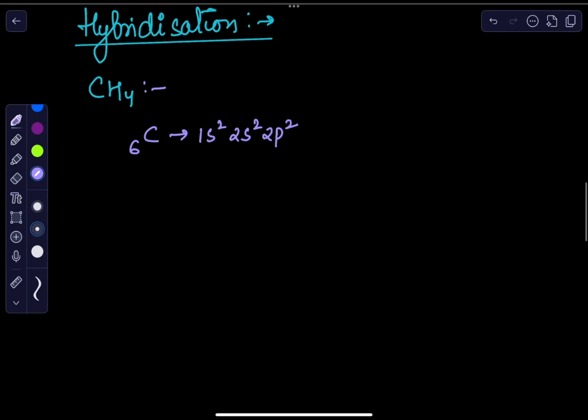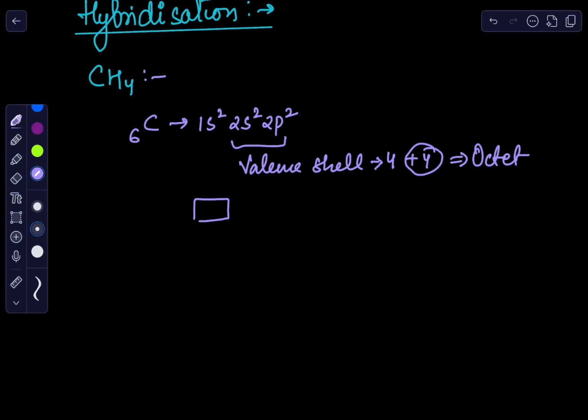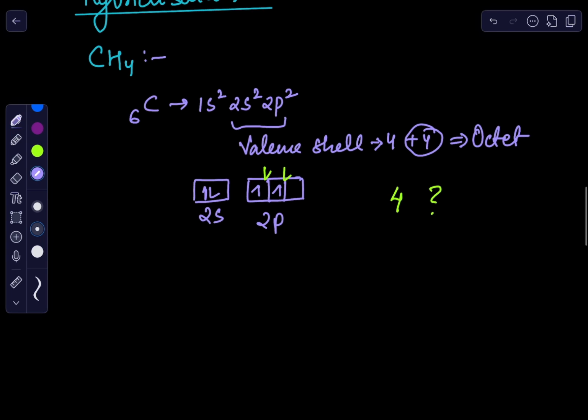For example, carbon has 6 electrons, 4 are present in the valence shell, and in the valence shell you can see that 2 electrons are present in 2s and 2 are present in 2p, which makes a total of 4. It needs 4 more electrons to complete its octet. But since we have 2 unpaired electrons only, it can form only 2 bonds.